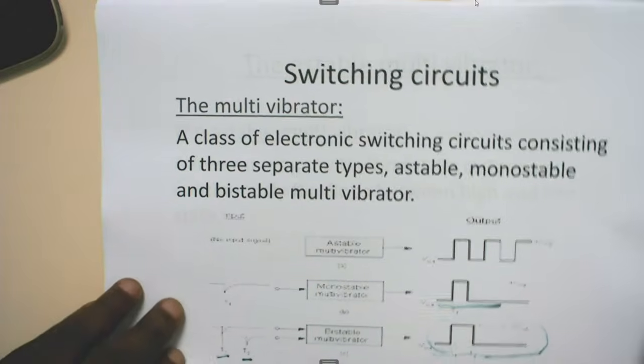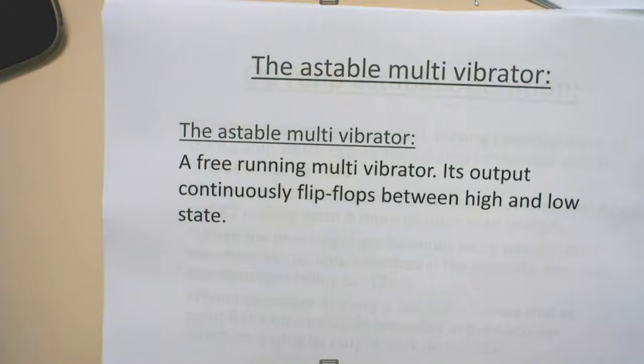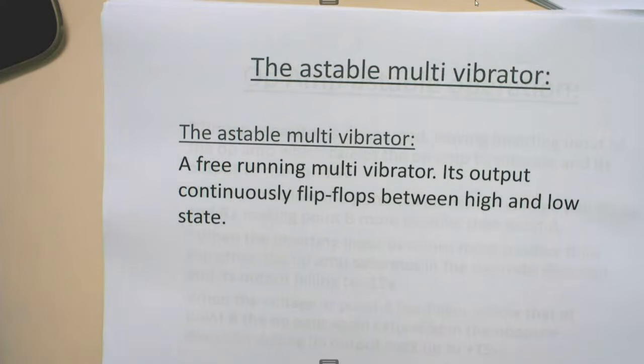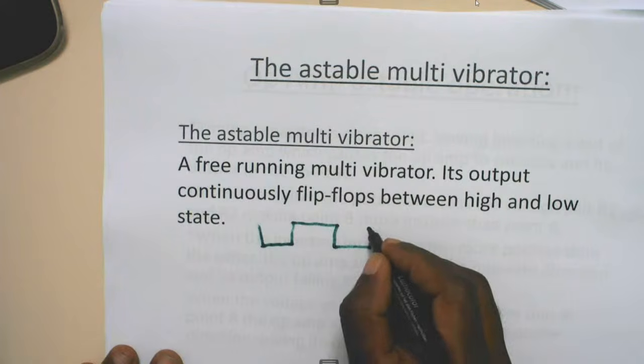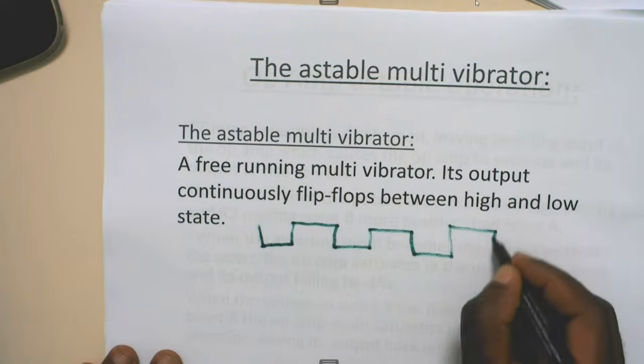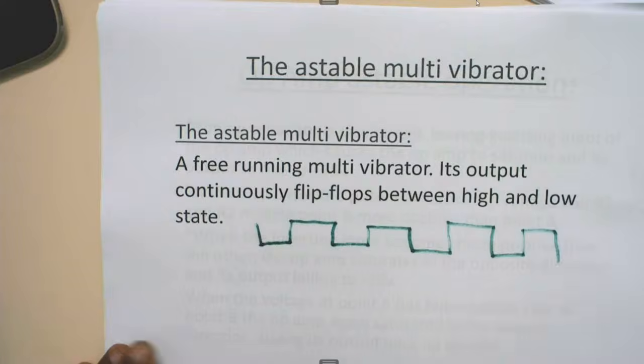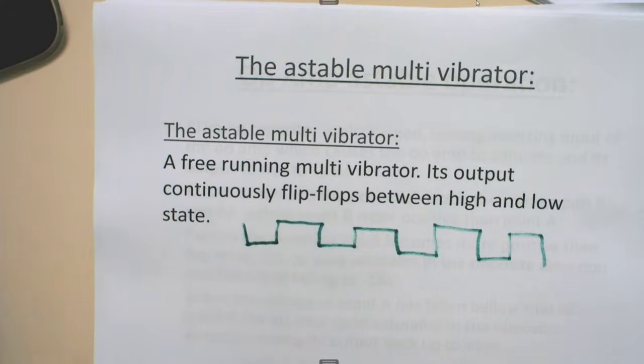So let us go. Let us start with the astable multivibrator. Astable multivibrators are free running multivibrators. Its output continuously flip-flops between high and low, hence we've got this type of waveform. It flip-flops high and low, and this type of multivibrator does not have any input.